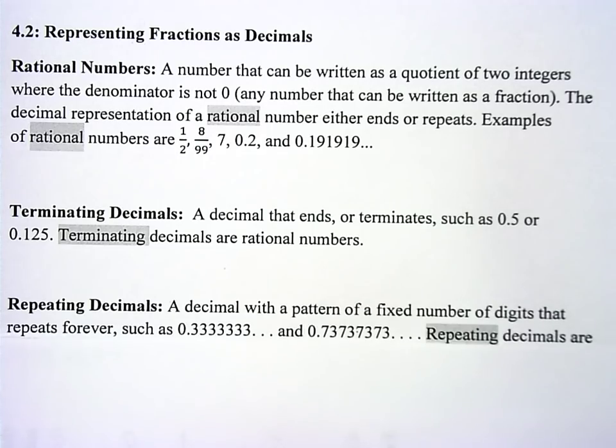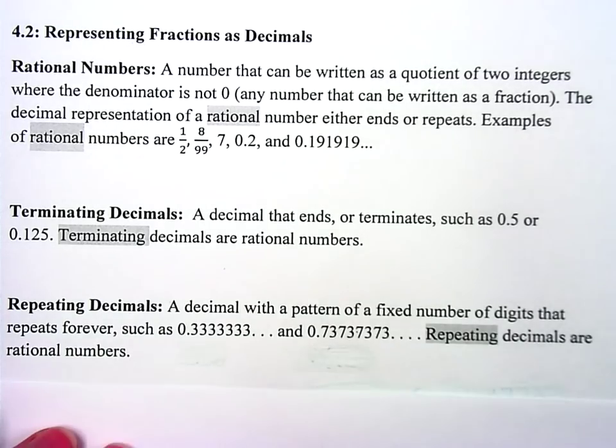Now repeating decimals are decimals where one or more digits keep repeating, and such a decimal actually goes forever. An example would be 0.3333..., and these points at the end tell us that the repetition goes forever. Now, how can we write this shorter?